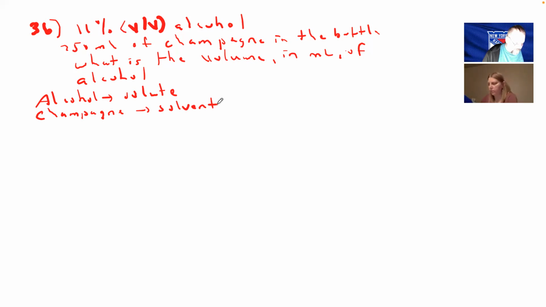You know, because there's other additives to the champagne besides just the alcohol itself. So that's one of the challenges with some of these questions, is identifying solute and solvent.